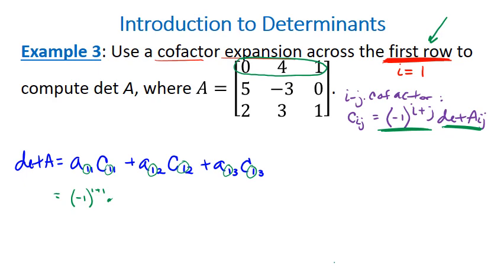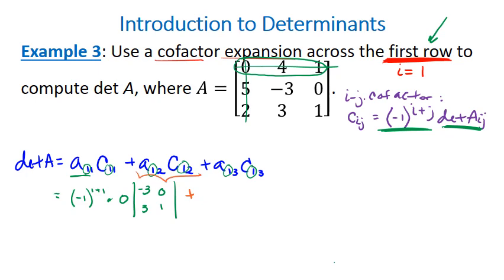Okay, so the first entry in row 1, column 1 is 0 times the determinant when this row and column is omitted. So it's this. Okay, then we move on. It's the same thing that we did before.